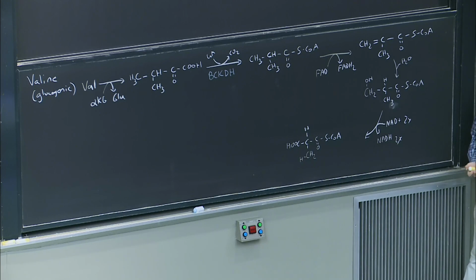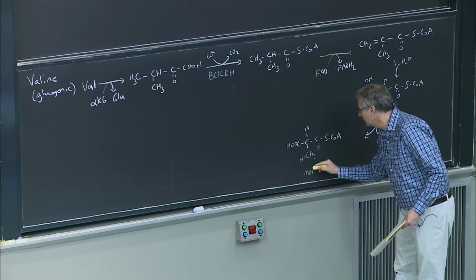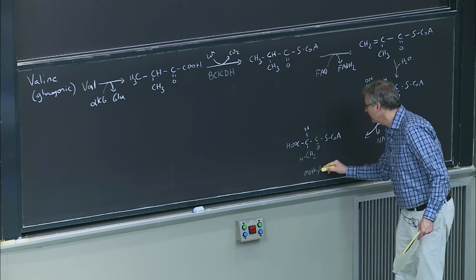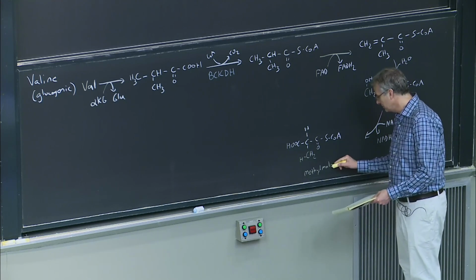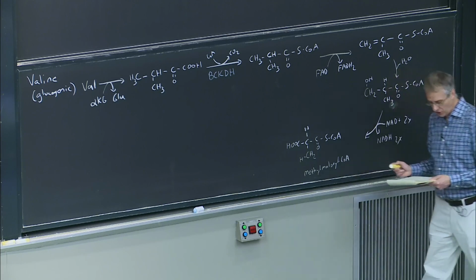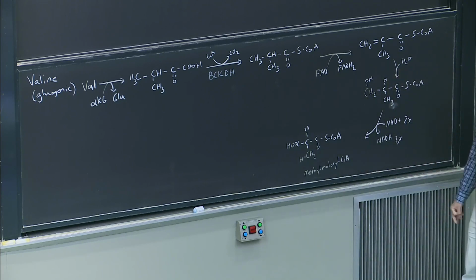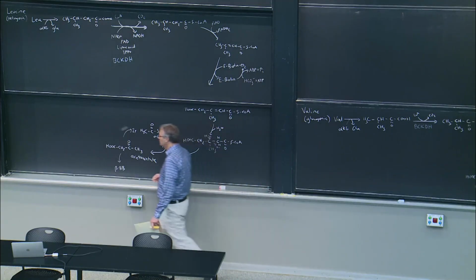I drew it that way on purpose. If you look back in your notes, this is methylmalonyl CoA, which we saw before in our discussion of odd chain fatty acid metabolism.